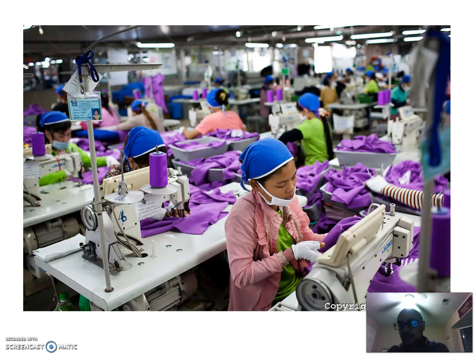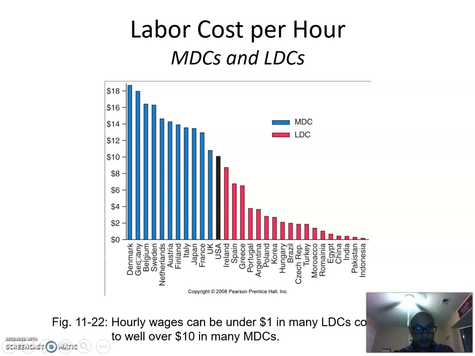To kind of give you an idea of how low wage we're actually talking here, look at the graphic here where it compares the cost per hour in LDCs compared to MDCs. The U.S. is actually on the lower end of MDC on this one when it comes to hourly wages. Denmark and Germany are on the much higher end.